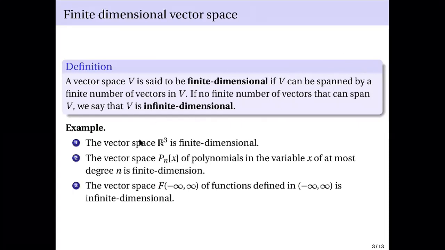So, for example, the vector space R3 is finite dimensional. The vector space Pn of polynomials in the variable x of at most degree n is also finite dimensional. However, the vector space of functions is not finite dimensional.